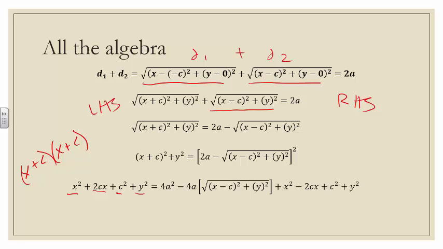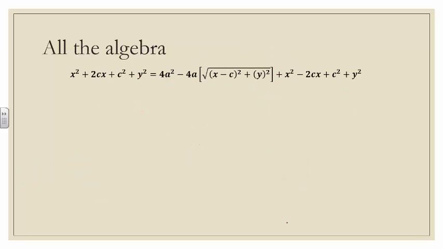And over here, when we use FOIL on this entire term, we get 4a squared minus 4a times the square root of x minus c squared plus y squared plus x squared minus 2cx plus c squared plus y squared. It's getting pretty ugly. We're going to clean it up on this next slide.